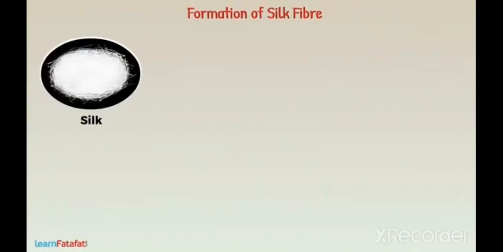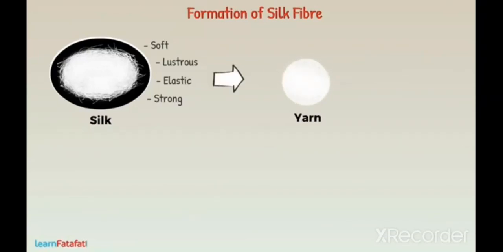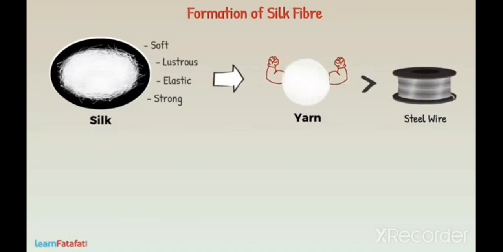Silk is a very important natural fiber. It is soft, lustrous, elastic and strong. You will be surprised to hear that yarn produced by them is much stronger than a steel wire of similar thickness. More importantly, it can be colored very easily.